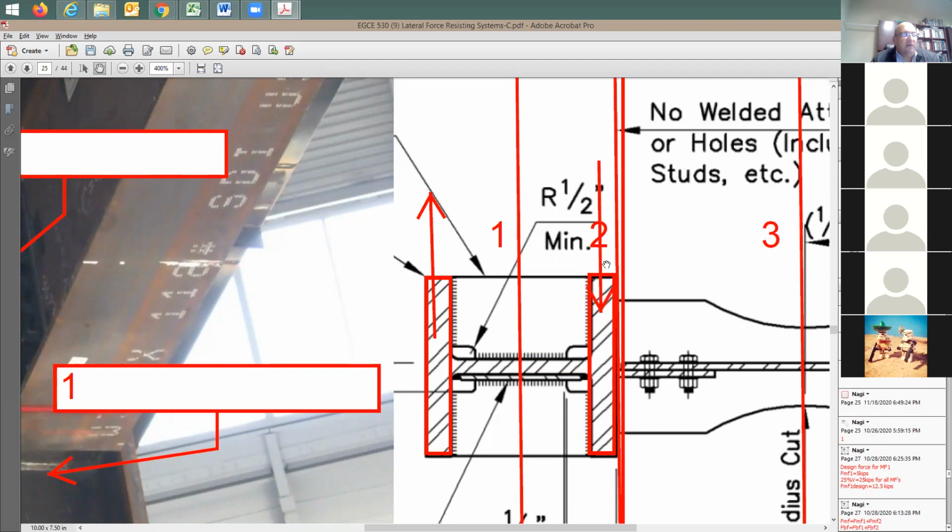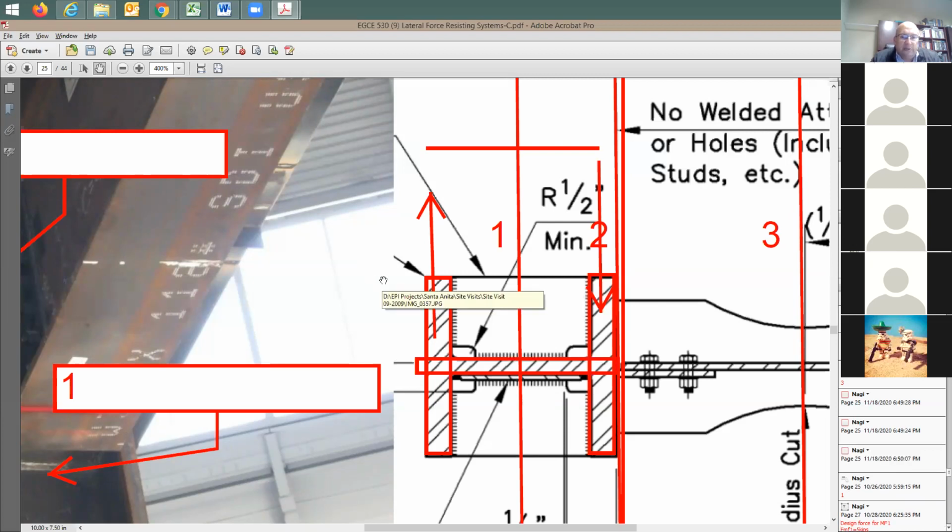So you can find the moment: the moment is equal to tension or compression multiplied by the distance between the two flanges. You take this distance, multiply by one of these two forces, and it gets you the moment developed in the section. So generally speaking, we say that the flanges are responsible for resisting the moment, and the web is responsible for resisting the shear.